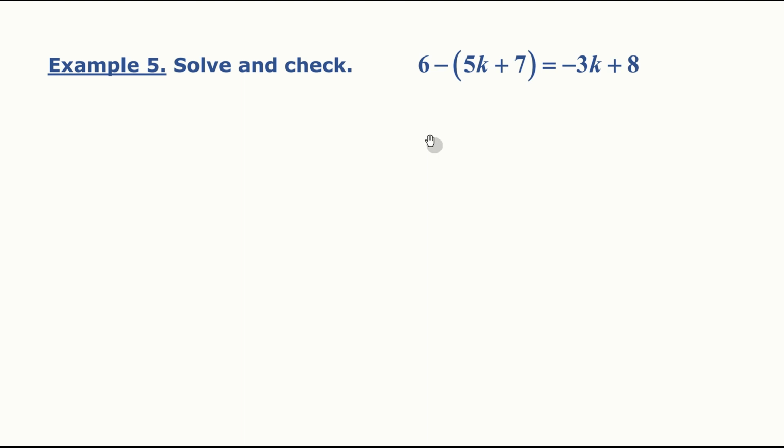Here's another equation for us to solve, and this time notice we do need to do some distributing first, and that's because there is an invisible one sitting right there that we have to distribute. So we end up with 6 minus 5k minus 7 equals -3k plus 8.